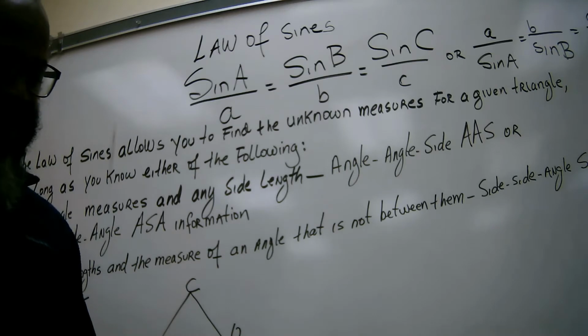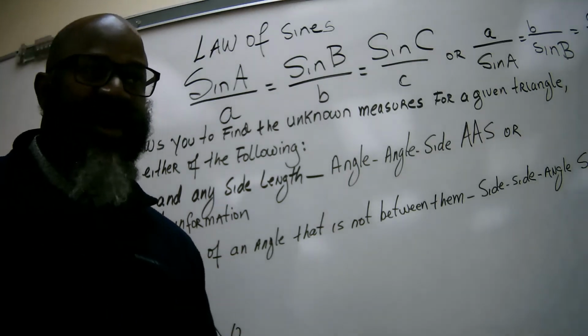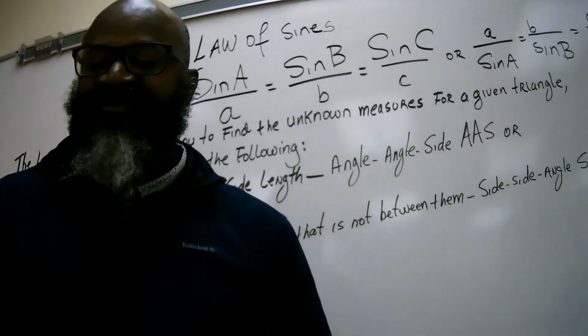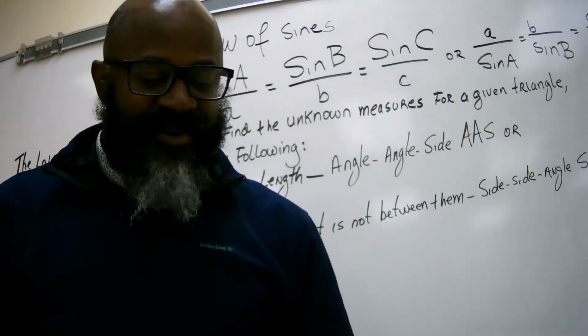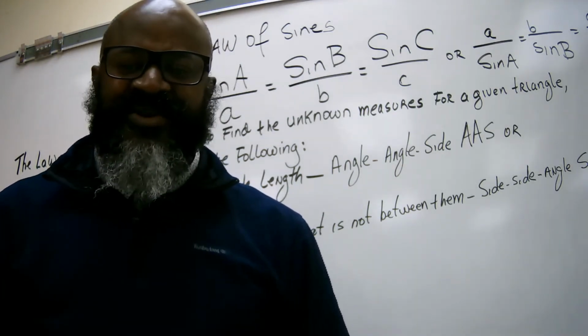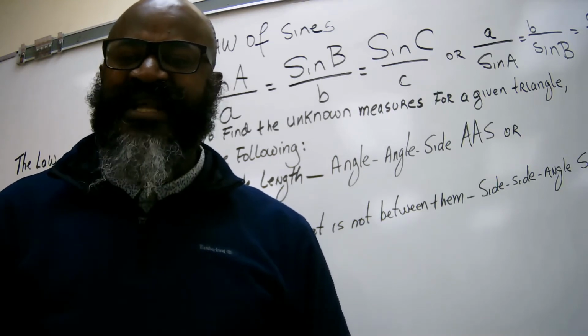Whatever order you start with, if you start with the angle as your numerator, you have to keep the angle as your numerator all the way, otherwise you will have a mess. So this is how you use the law of sines.